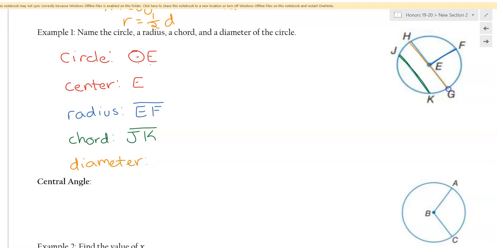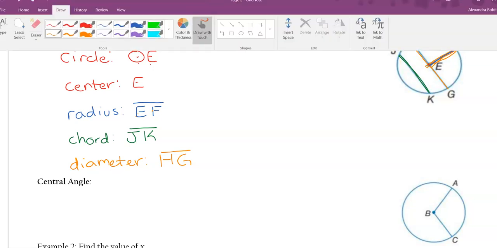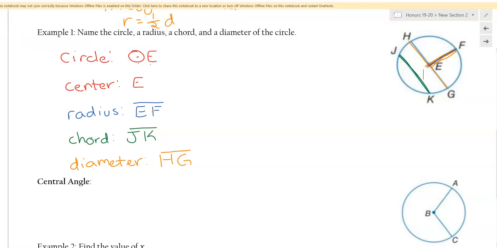It's this line. So HG with a line over top. Okay? For all of these lines, it does not matter the order that you go in. Radius EF and radius FE is the same thing, right? I can go either direction. All right, and that's kind of it for those things.